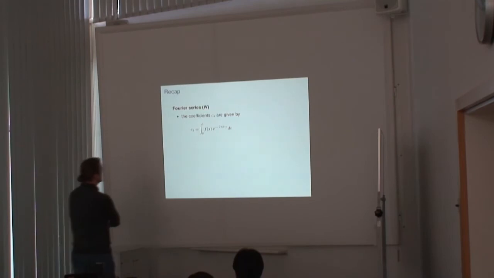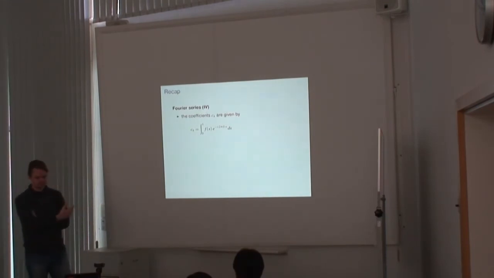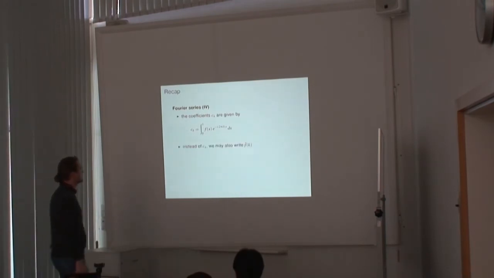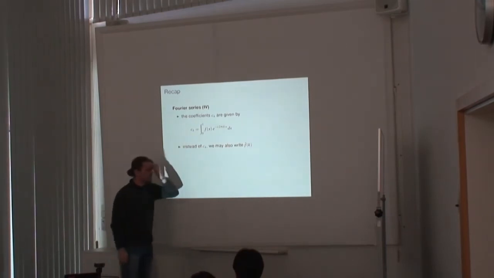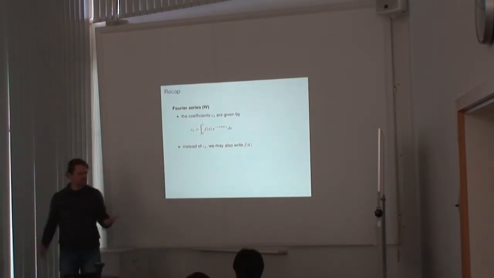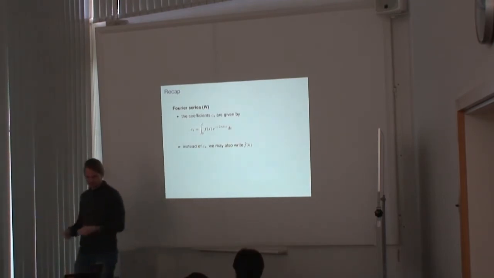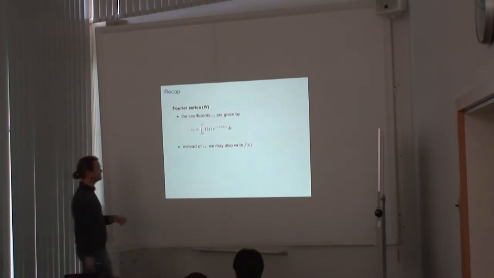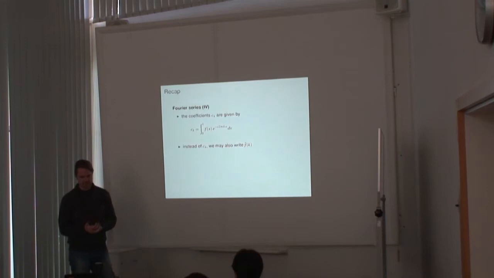So integral from 0 to 1 f of x times the complex exponential function, which is given by e to the minus i 2 pi kx, and then we integrate over x. And, well, this is a number, right? If we evaluate this integral here, because it has boundaries of integration, we can indeed evaluate this integral, and it would give us a number, and this number is called ck.